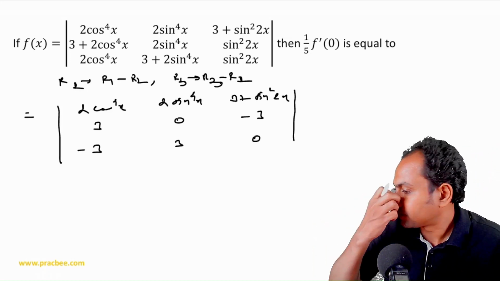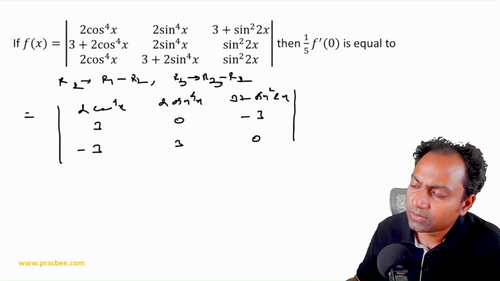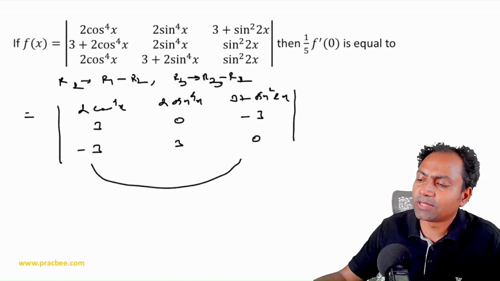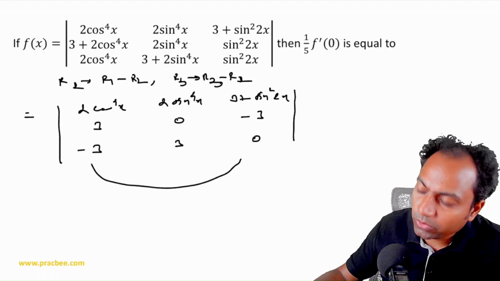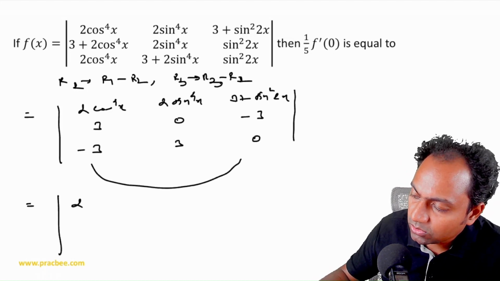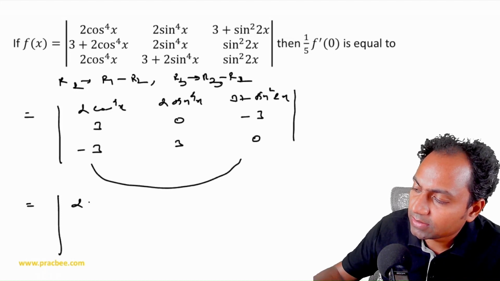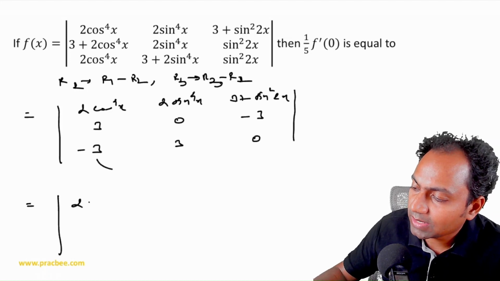Now here, you can think of directly expanding, or you can do one more operation: we can add this up, generate 0 and then apply it. Either of the ways, it is not a very difficult question. So I'm going to add and then expand. In fact, it would be easier if I add these two. So let us add these two.